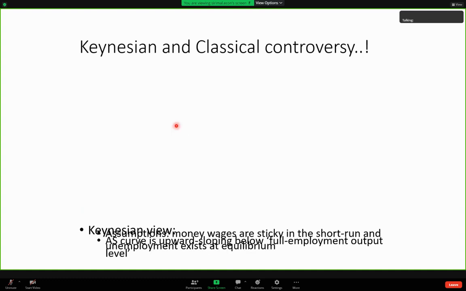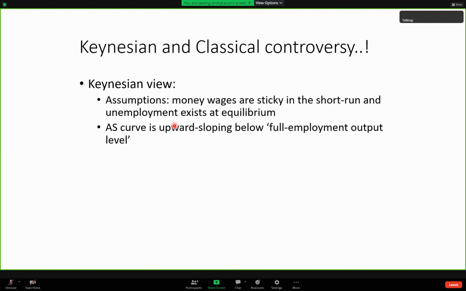Keynesian and classical controversy. We mentioned a couple of things about this controversy at the beginning of our macroeconomic lectures. So they continue to be in conflict with each other because of their underlying assumptions, and because of those assumptions, the analysis and the conclusions that they arrive at.